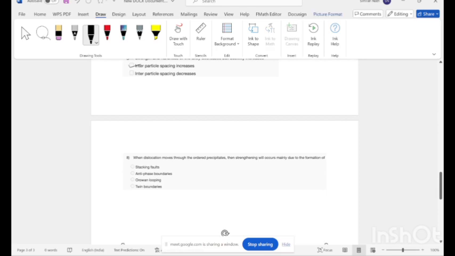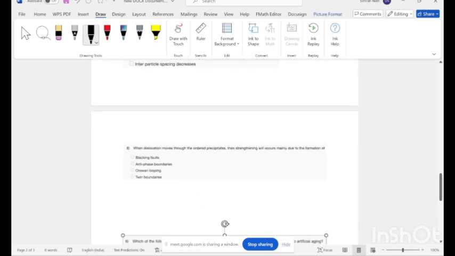Next question is, when a dislocation moves through an ordered precipitate, then strengthening will occur mainly due to the formation of? Orowan looping? No, in ordered precipitate, what happens? Stacking fault?